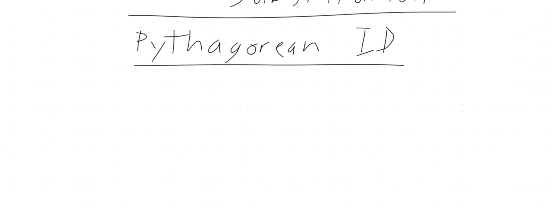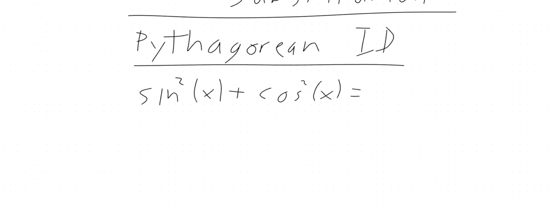I'm going to write down the basic ones, and then we're going to use a little bit of an offshoot of these. So the first is sine squared plus cosine squared equals 1.